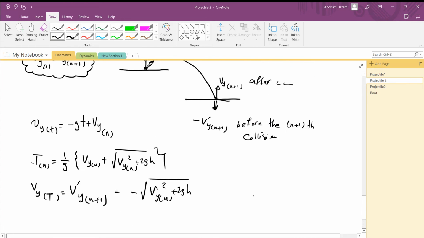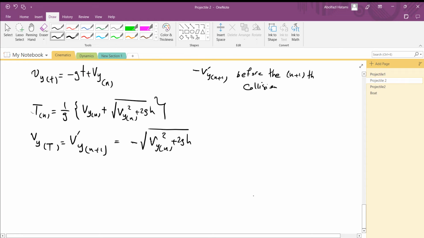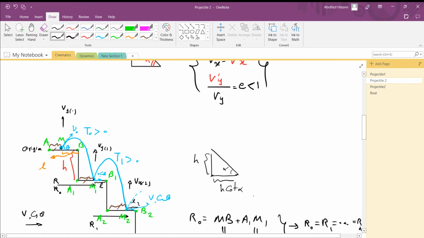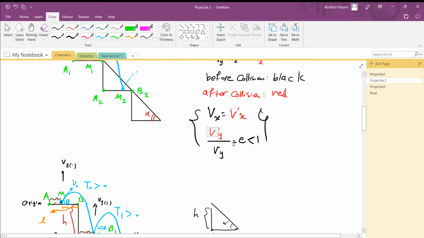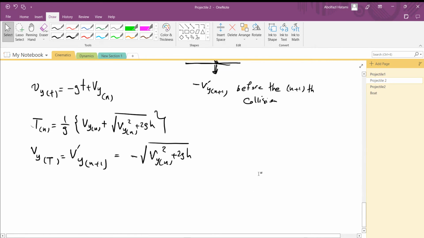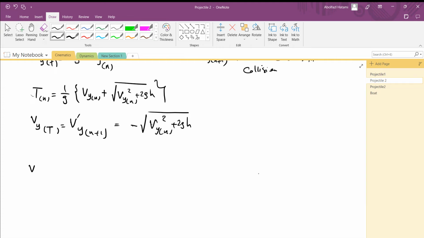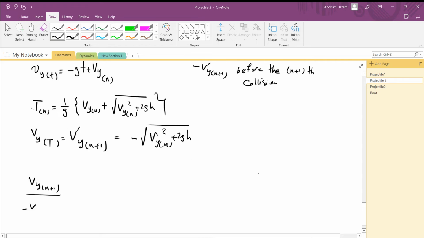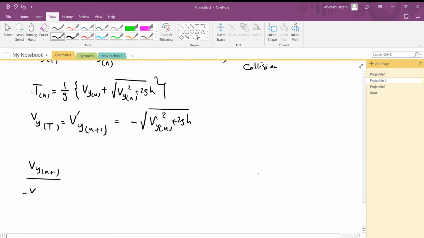So we know from this equation that v prime y n+1 divided by minus vyn+1 is just going to be e.